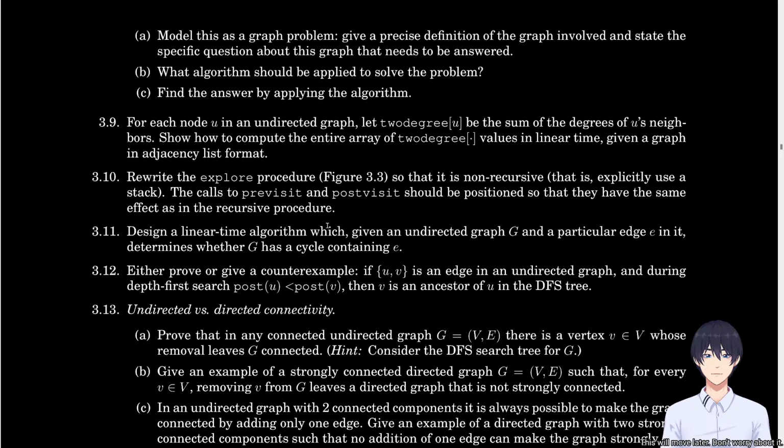Design a linear time algorithm which, given an undirected graph G and a particular edge E in it, determines whether G has a cycle containing E. Linear time. So E is like a tuple.